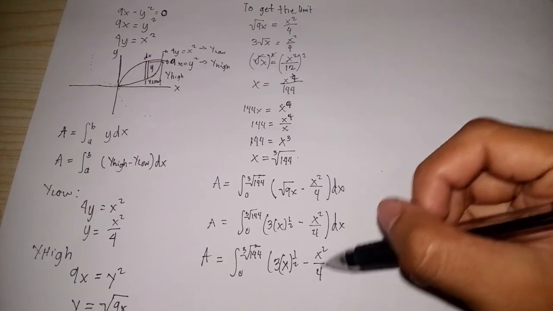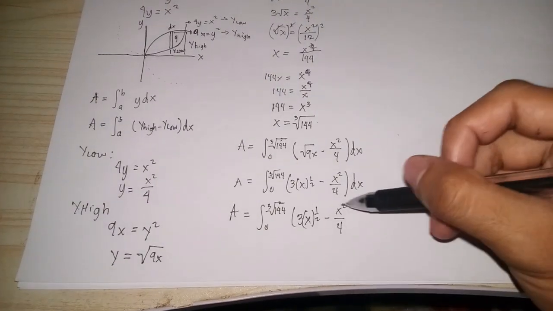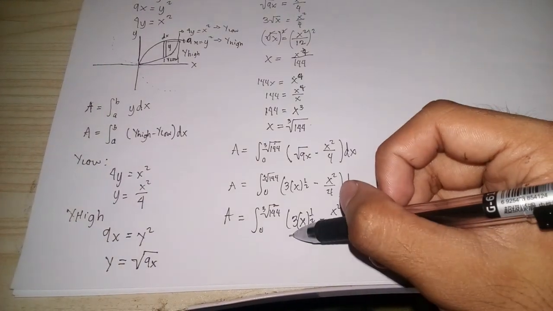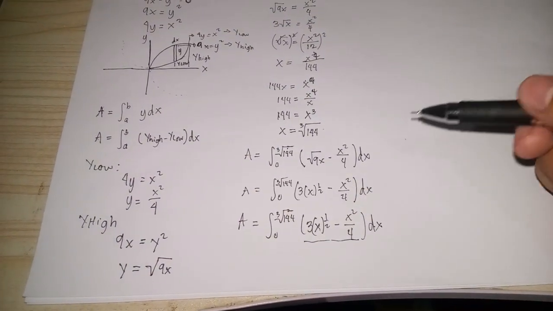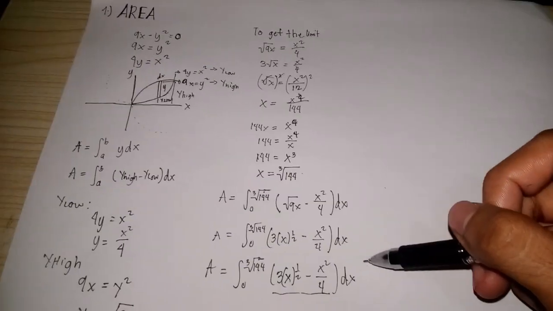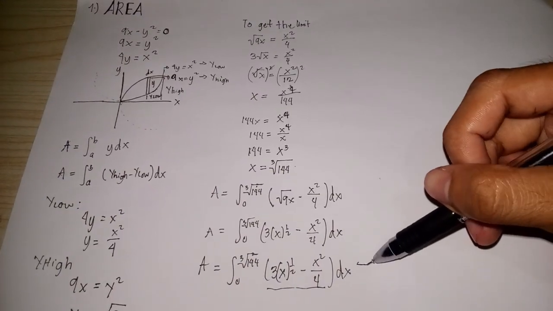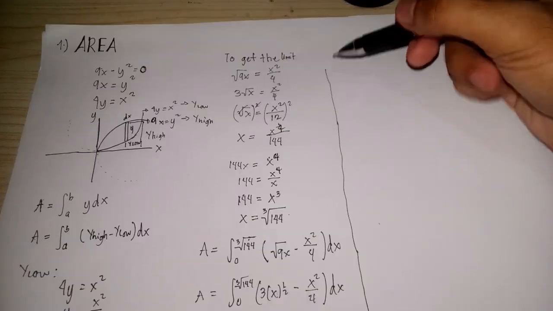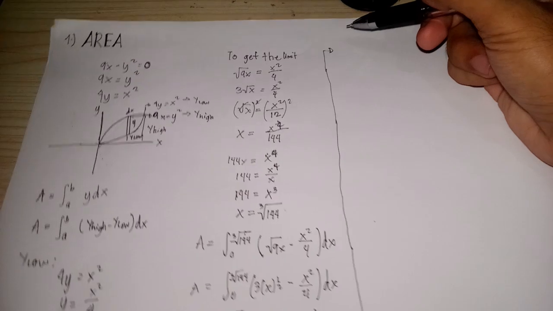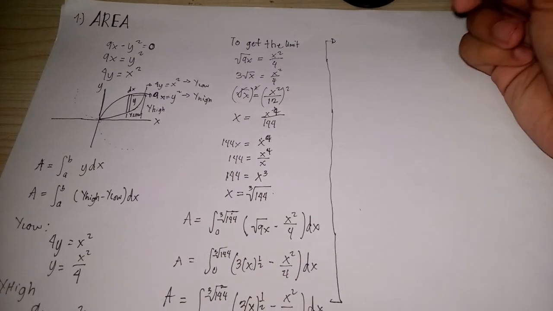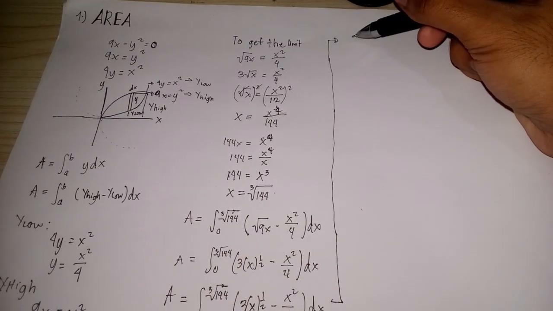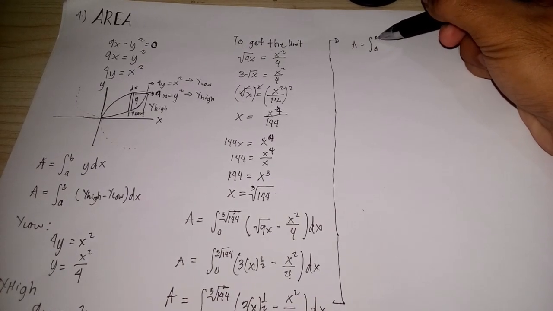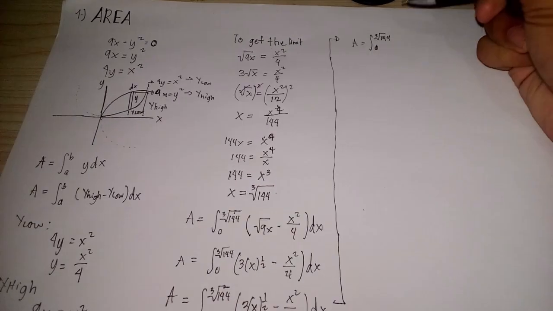So we now have to integrate this here. So integrating that, we'll get area is equal to, from 0 to cube root of 144.